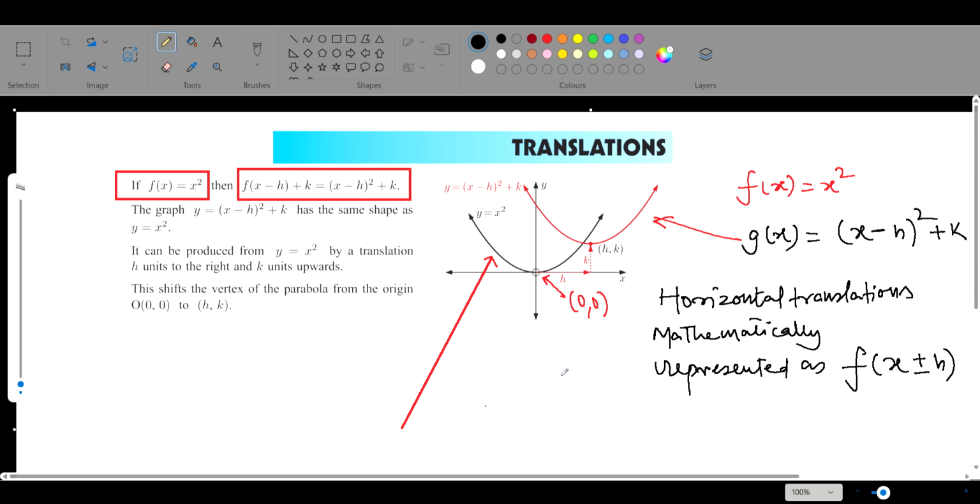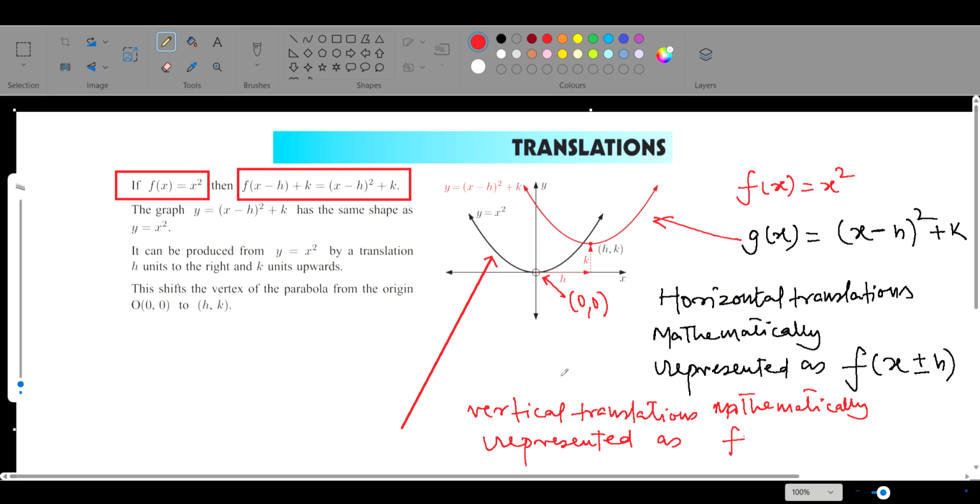And vertical translation is mathematically represented as a function f of x plus or minus k.